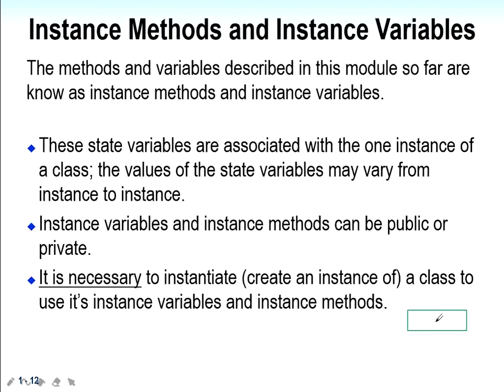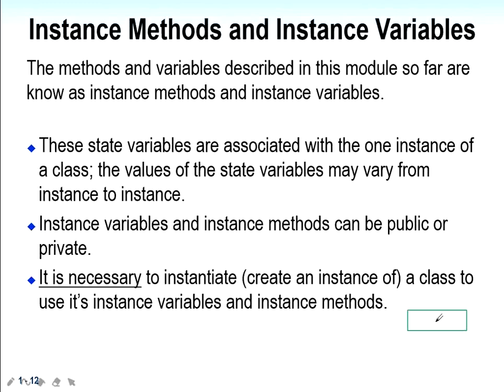Next important thing you must understand in OOPS is instance methods and instance variables. So methods भनेको methods are the procedure, they are the action, they are the behavior of the particular object. Variables are those properties, those attributes that defines that particular object. So there are two things to understand.